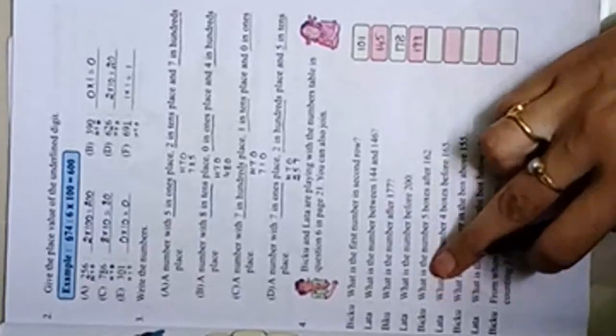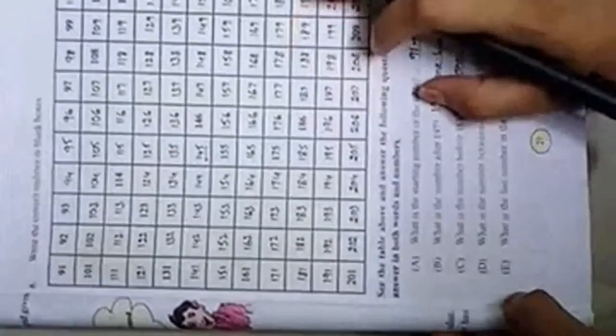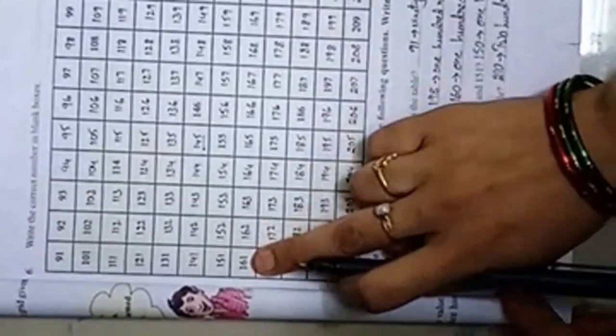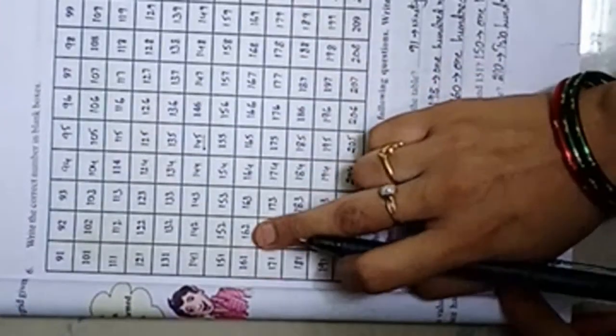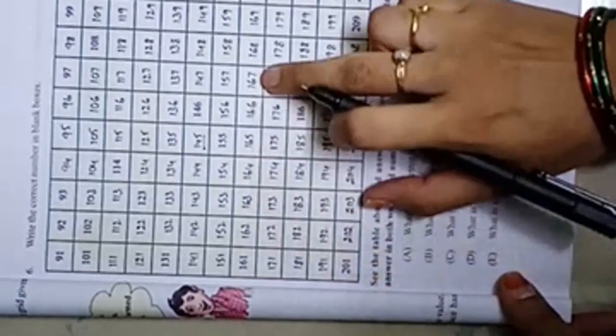Next, what is the number 5 boxes after 162? First you identify where 162 is in this given table. 162 is here. So 5 boxes after: 1, 2, 3, 4, 5.